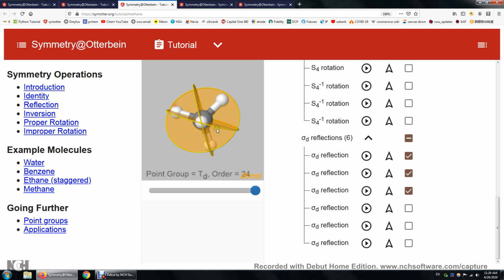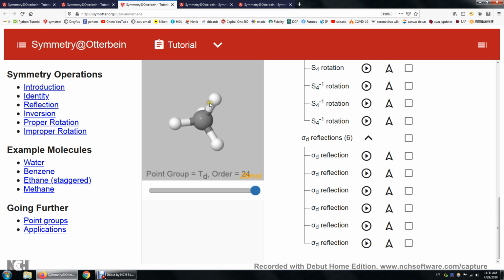Now we're going to look at 3 others. Okay, it looks a bit complicated, so I'm going to get rid of 5 of those. So this one, let's look at this one here. It contains this carbon and these 2 hydrogen atoms. It contains this carbon and 2 other hydrogen atoms.